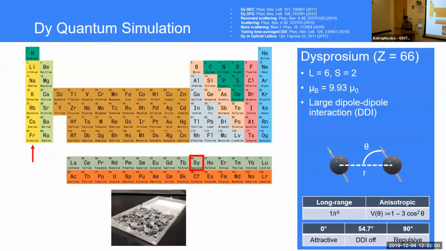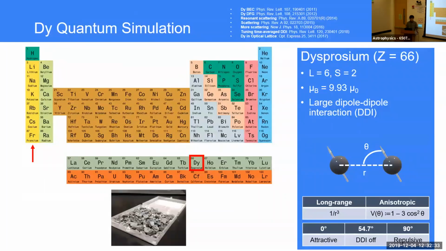From classical EM, we know that the dipole-dipole interaction, which from now on I refer to as DDI for short, is long range in that it depends on 1 over the interparticle distance cubed. It is also anisotropic in that it depends on a geometric factor V of theta, where theta, as shown in the cartoon over here, is the angle between the dipole polarization and the displacement vector between our two dipoles.